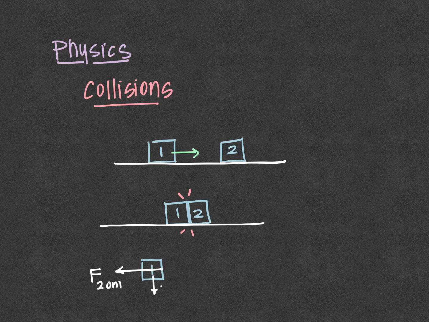There's also the earth pulling down on this object, and there's the surface of the table pushing up on it. And then object 2 over here, when object 1 hits object 2 there, object 1 will apply a force, the force of 1 on 2, and there'll also be a gravitational force and a normal force from the surface.